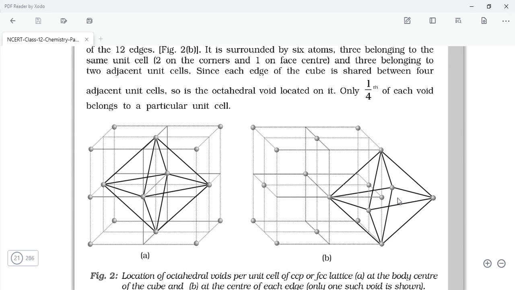Sorry, it's not that. But if you imagine yourself drawing this, then you find one octahedral void at each of the edges. So you get 12 more octahedral voids, but only 1/4 of each void belongs to a particular unit cell.